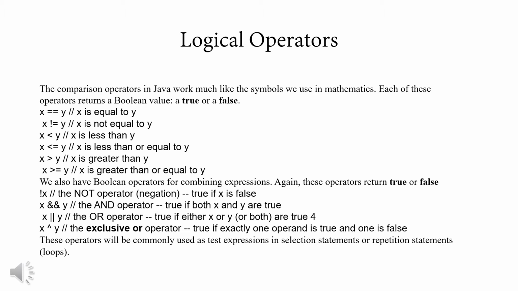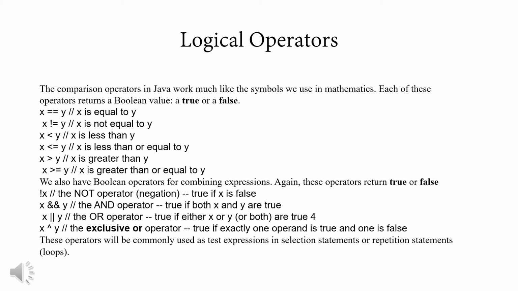For example, not x, x and y. It means when both x and y are true, then the result will be true. x or y means when x or y, one of them or both of them are true, the final result will be true.